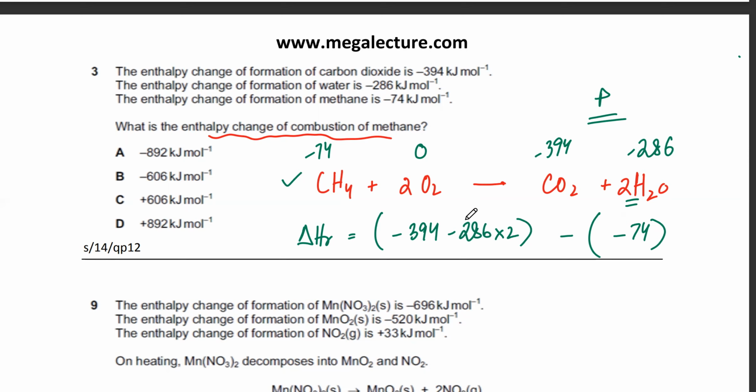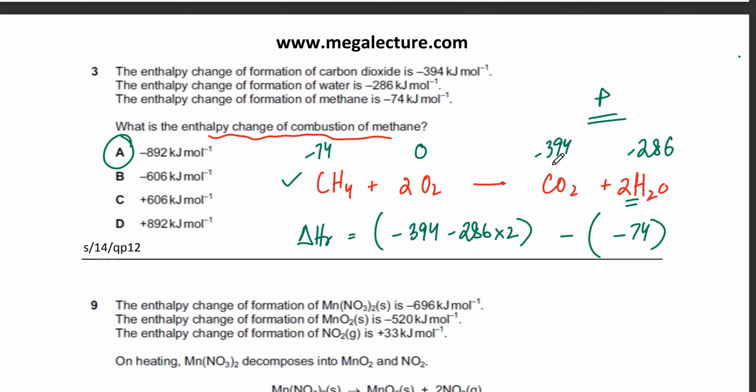So the enthalpies of formation of the products, subtract the enthalpy of formation of the reactants. So what are we getting? We're getting minus 892. Minus 892.